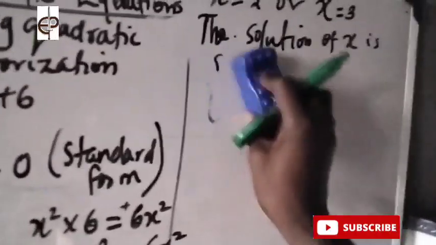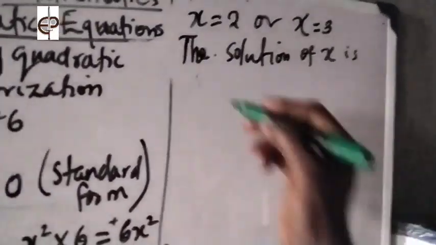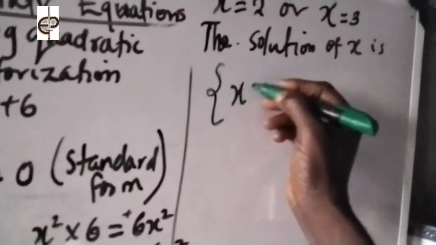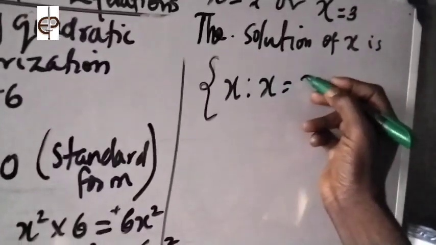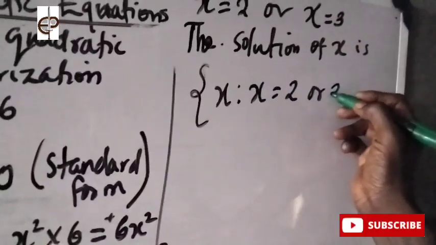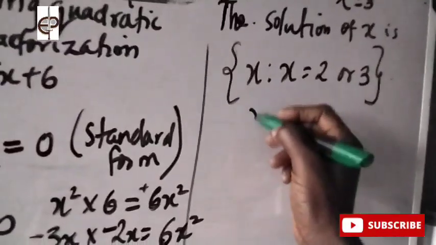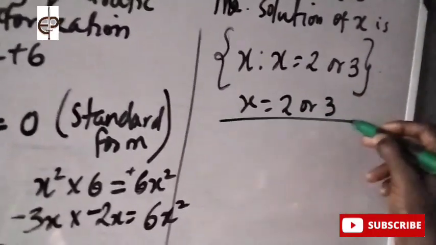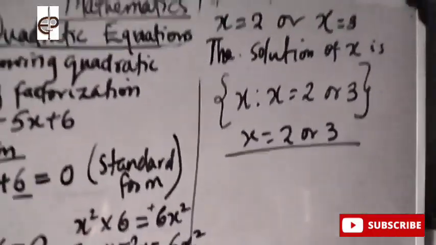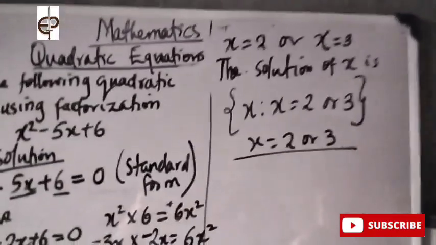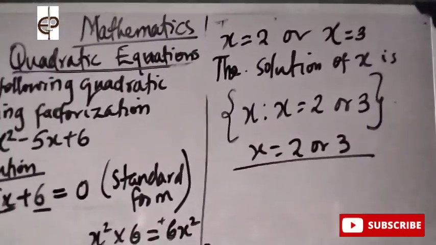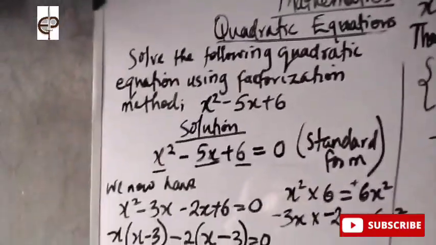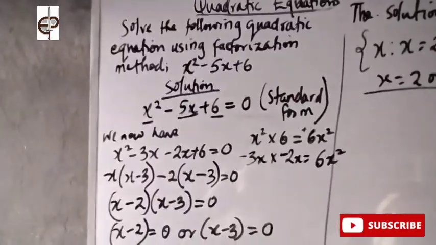Let me put it in proper way, since I have decided to put the answer in set form. A set of x such that x is equal to 2 or equal to 3. You just say x equal to 2 or 3. And 2 or 3 becomes the solution to the quadratic equation x squared minus 5x plus 6.